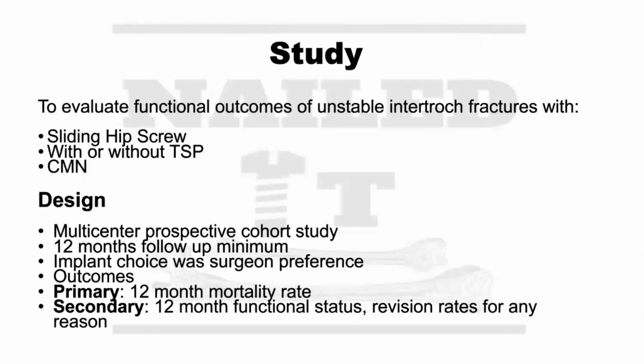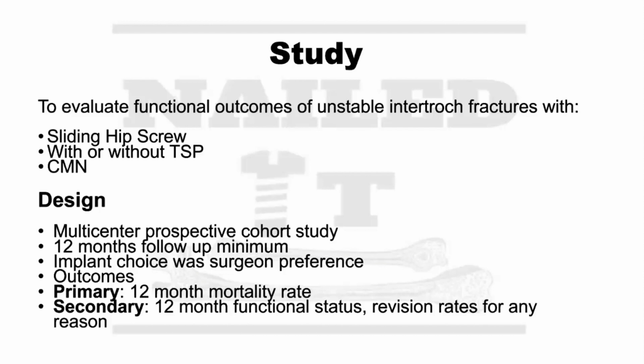So the purpose of this study was really to look at the functional outcomes of unstable intertroch fractures that were treated with sliding hip screw with or without trochanteric stabilization plate versus a cephalomedullary nail. In terms of timing, in the 90s, Madsen et al. published a paper that said there may be improved functional outcomes with the sliding hip screw relative to the cephalomedullary nail.